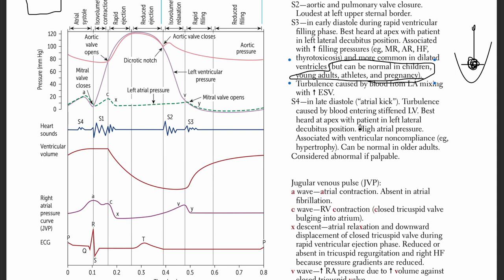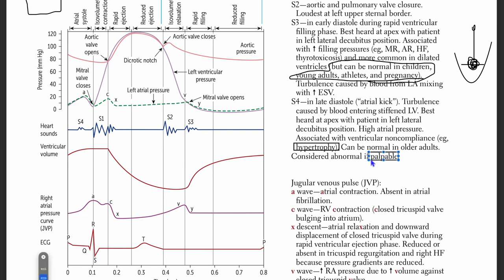Best heard at apex with patient in left lateral decubitus position, high atrial pressure associated with ventricular non-compliance, for example hypertrophy. Right, so I already explained the S4 bit. Okay, can be normal in older adults, considered abnormal if palpable.